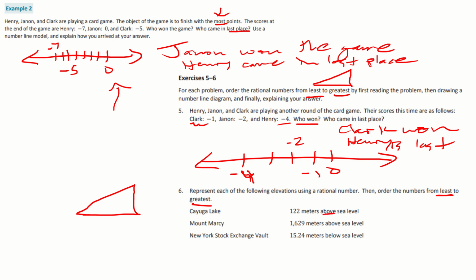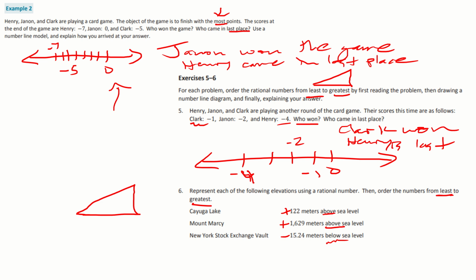Above means that it should be a positive. So we're looking at a plus 122. Mount Marcy is 1,629 meters above sea level. So again, that should be another positive. And then New York Stock Exchange Vault is 15.24 meters below sea level. Below means it should be a negative.